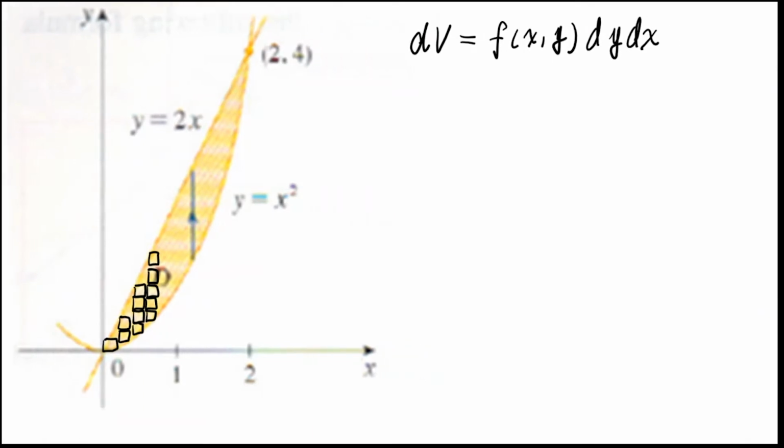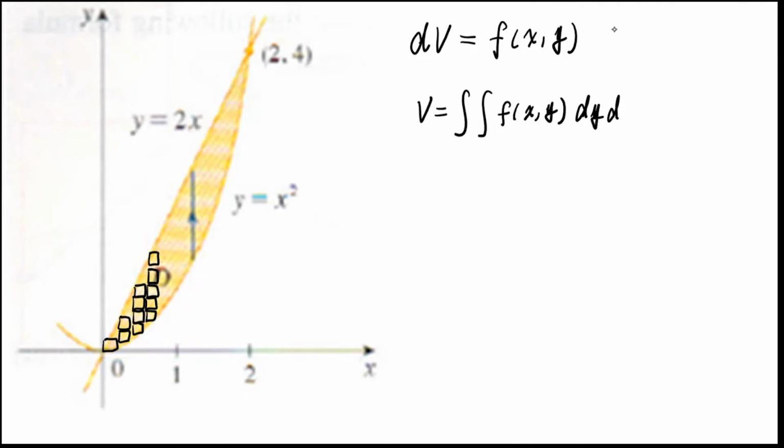Okay, so our volume then becomes the integral of general f of x, y, dA, well, dy dx. I'm going to put this one as dA, and dy dx. Then we have to decide which variable we want to integrate first.